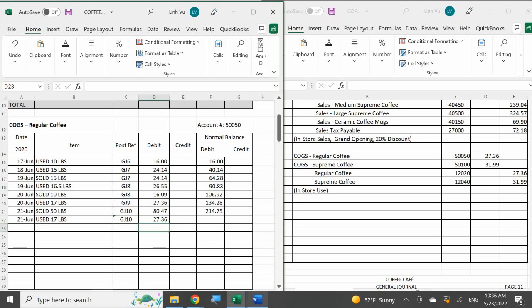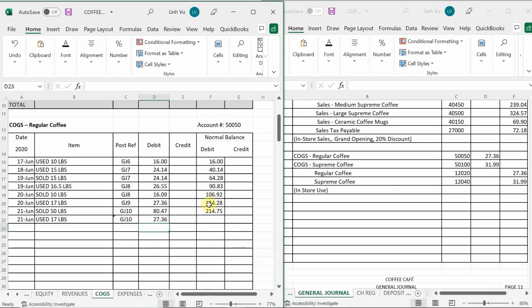What's my ending balance here? 214.75 plus 27.36.